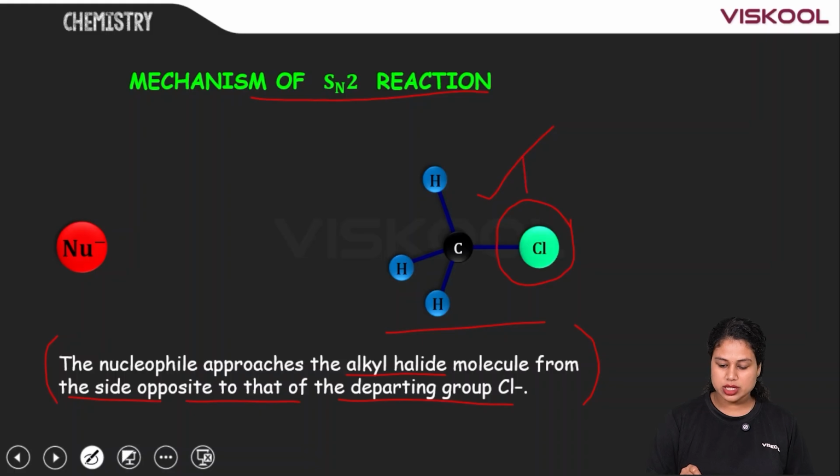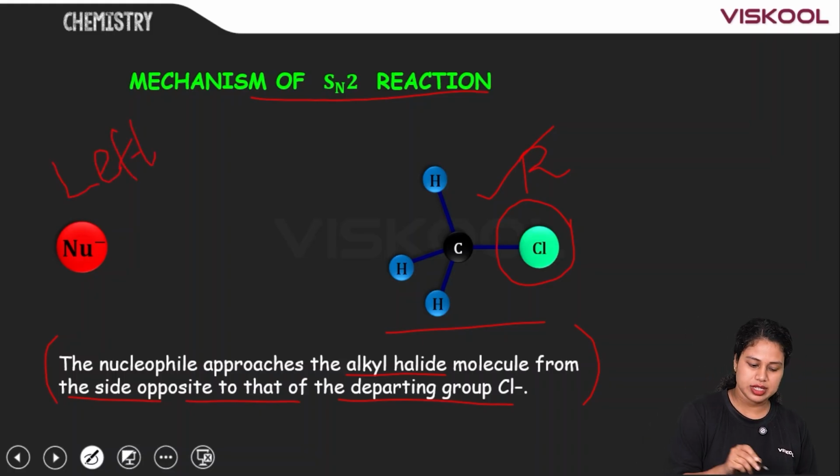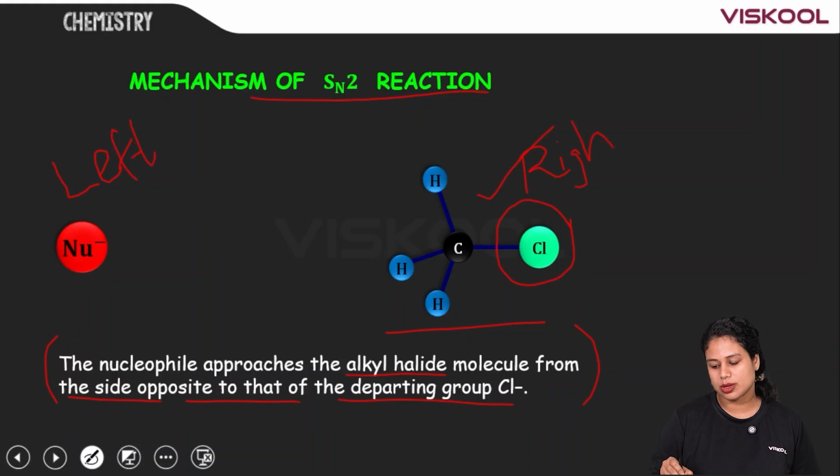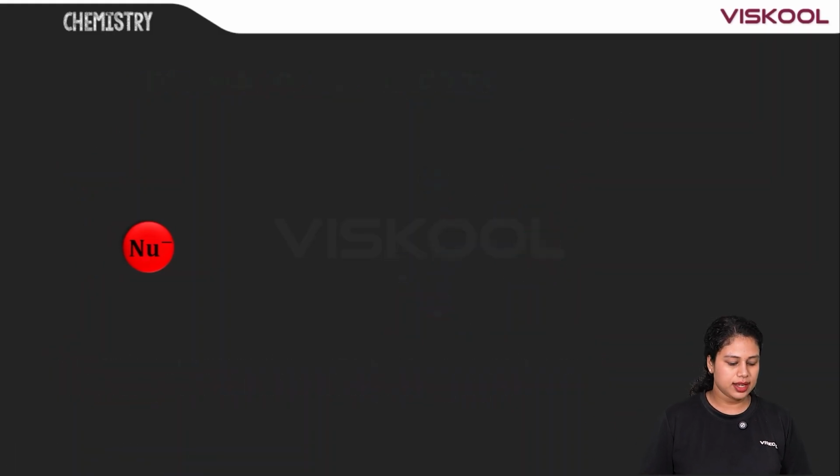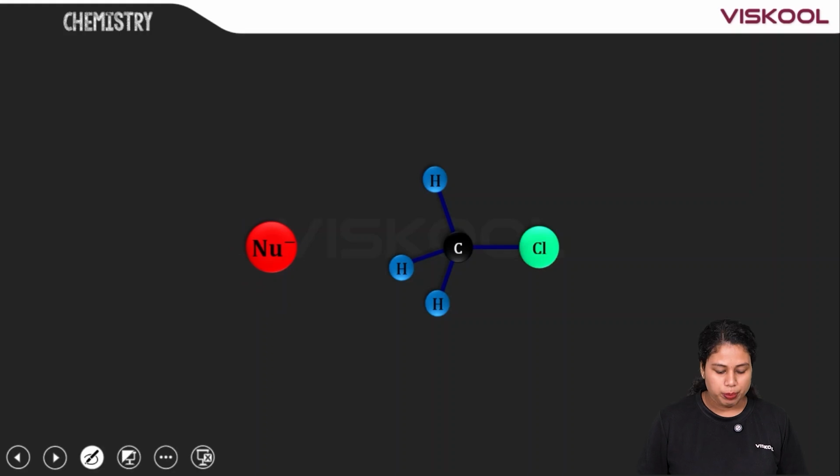If the leaving group is on the right side, the nucleophile approaches from the left side. As you can see here, the nucleophile is approaching our alkyl halide.